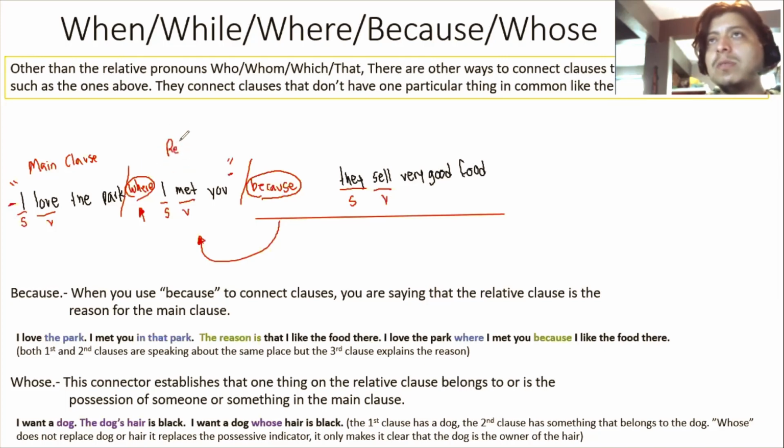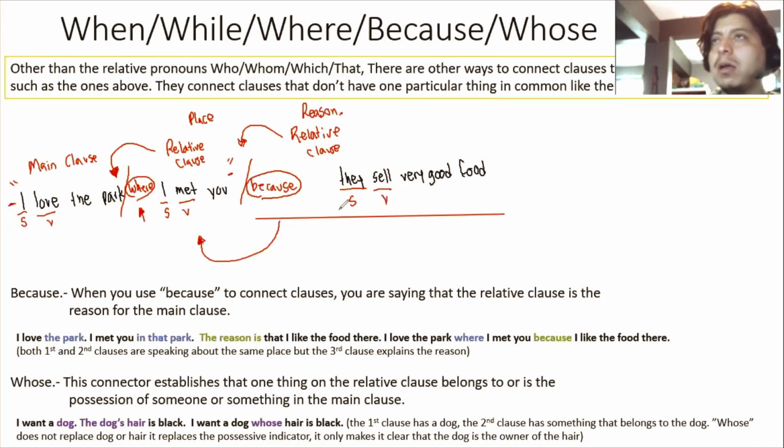This relative clause speaks about the place, explains which park. Not any park, the park where I met you. And this other relative clause explains the reason why I love the park. I love the park because they sell very good food. I love the park where I met you because they sell very good food there.